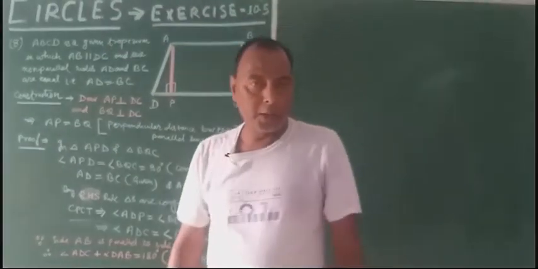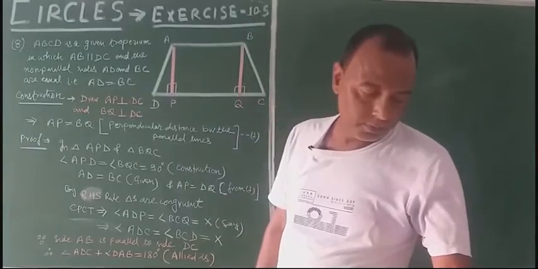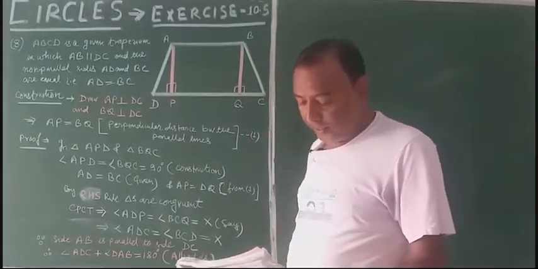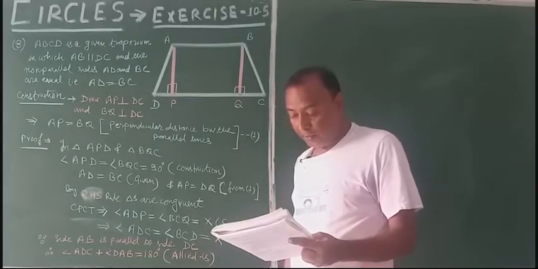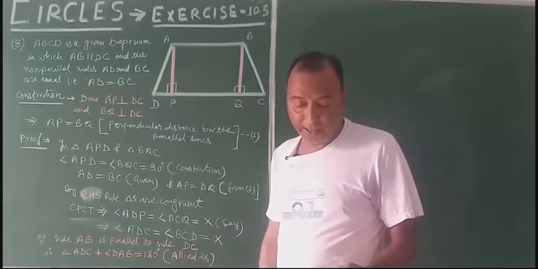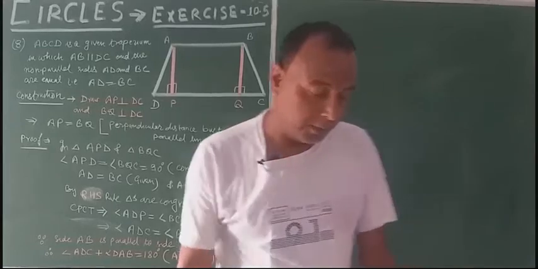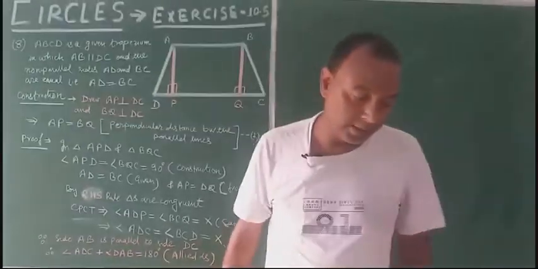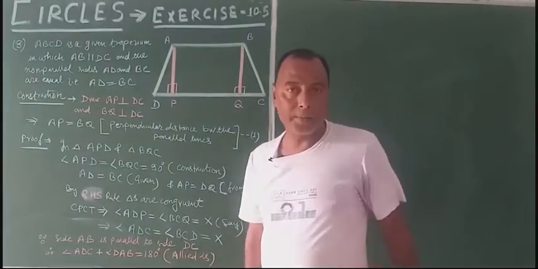Now just look at question number 8, and the question number 8 is this. If the non-parallel sides of a trapezium are equal, prove that it is cyclic. It is given that the non-parallel sides of a trapezium are equal.